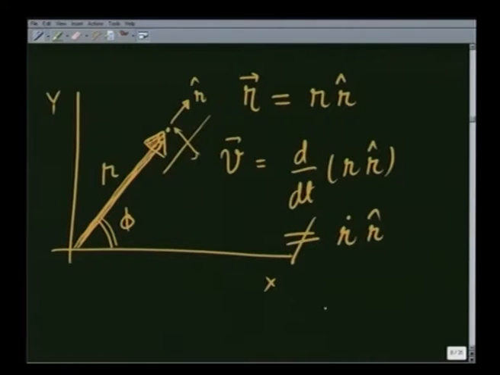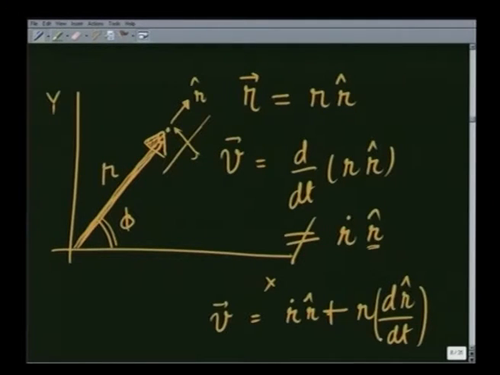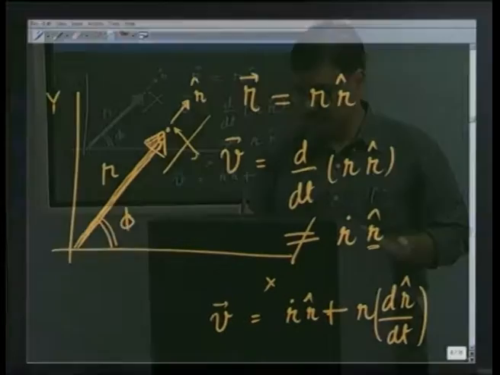Also, both r and unit vector r depend on phi, on the position of the particle. So, the velocity really should be written as r dot r plus r times dr dt, that is the rate of change of the unit vector r itself. Let us see how much it is.